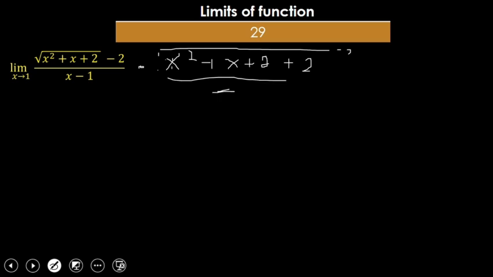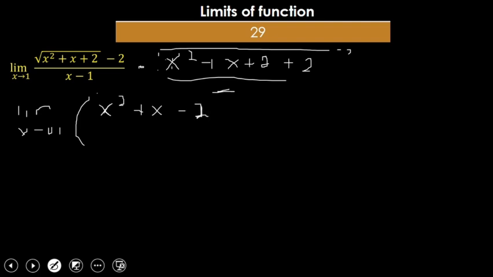That is equal to the limit as x tends to 1 of what? When you simplify the numerator, we have x squared plus x plus 2 minus 4, and then here we have minus 2.